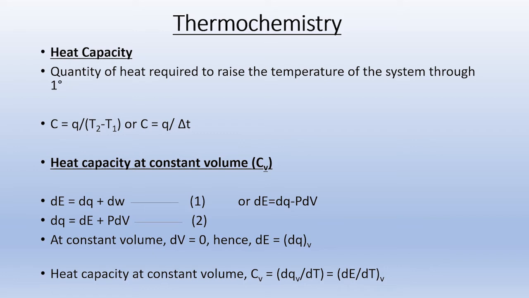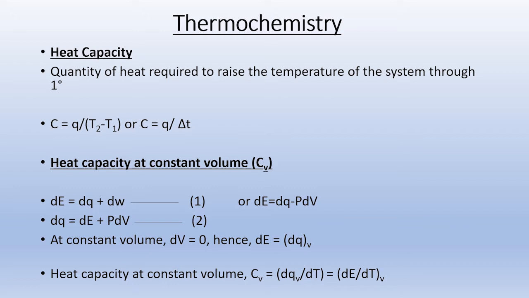We have already seen from the first law expression that at constant volume, the heat change Q is equal to delta E. That means the heat transferred at constant volume is equal to the change in internal energy.